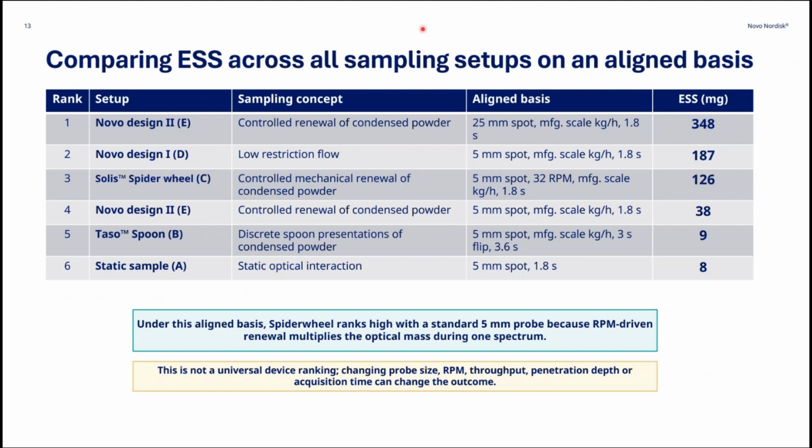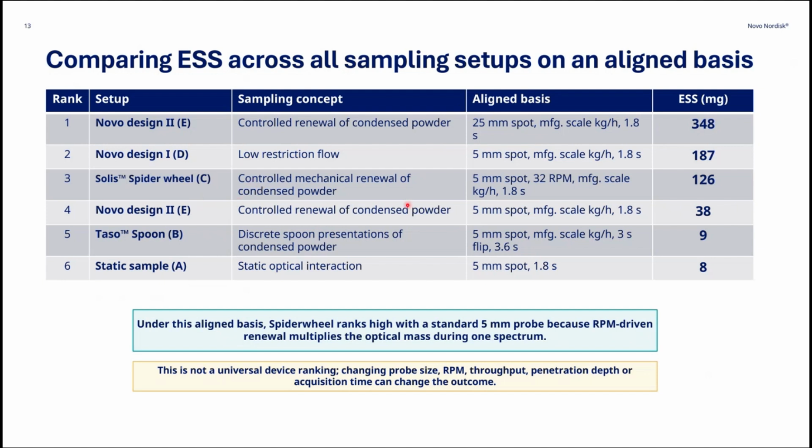Here's a comparison we did across manufacturing scale. I tried to calculate the numbers on an aligned basis. So 1.8 seconds in this vertical pipe, where we have controlled renewal of the powder, which is condensed, and we tested a Bruker beam with a very large spot size. We could get a very high effective sample size in 1.8 seconds.